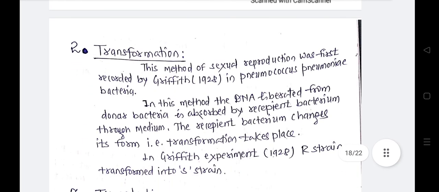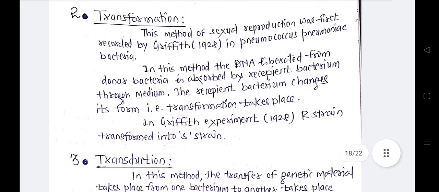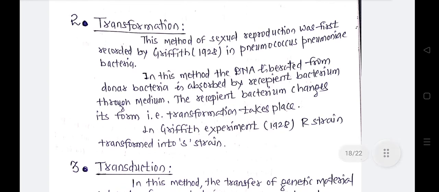Next, transformation. This method of sexual reproduction was first observed by the scientist Griffith in 1928 in pneumococcus bacteria.